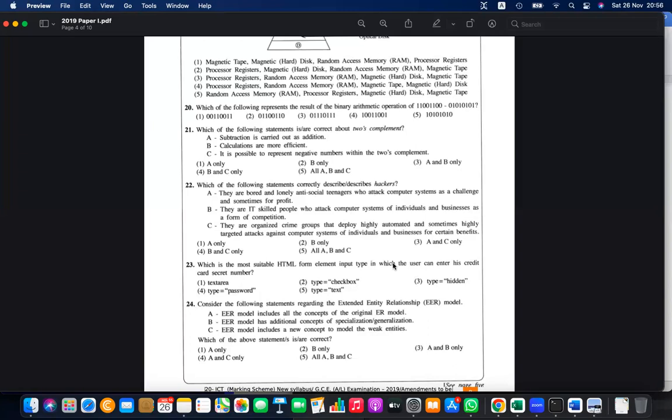Therefore, this question has a problem, right? Anyway, organized crime groups can be considered, but only about the black hat hackers, the dangerous hackers. They are organized crime groups that deploy highly automated and sometimes highly targeted attacks against computer systems, individuals, and businesses for certain benefits.